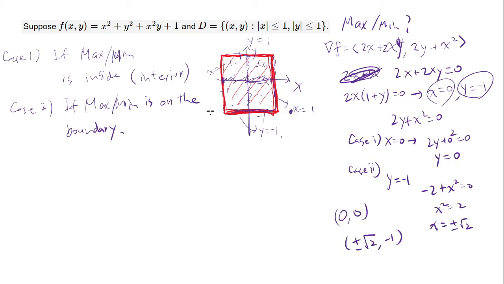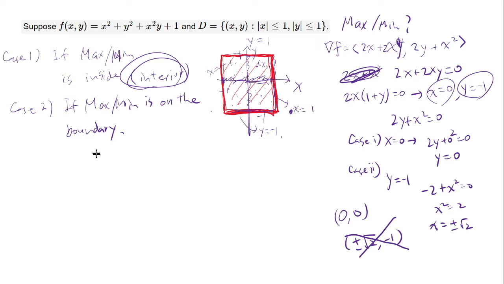Negative radical 2 comma -1 is somewhere here, so that shouldn't be part of the consideration. It's outside the interior. We need the points to be interior, but this is outside this domain, so it's not considered at all. So the only thing we have to consider for case 1 is (0, 0).